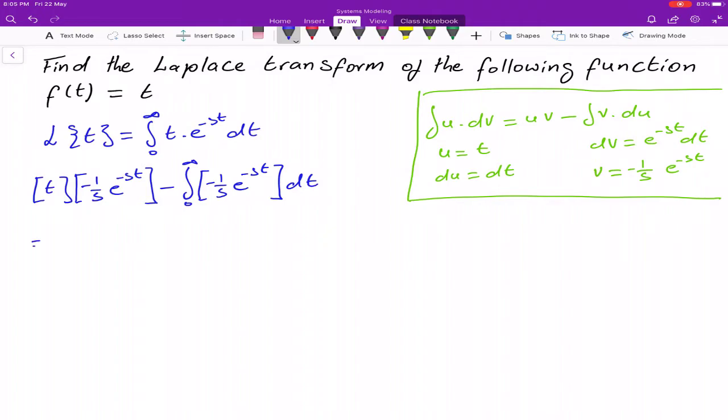So we are going to have minus t over s times e to the minus st. Negative and negative is positive, so we're going to have plus, and we can pull the 1 over s on the outside of the integral to give us this 1 over s, then integrate between 0 to infinity, and we have e to the minus st dt.